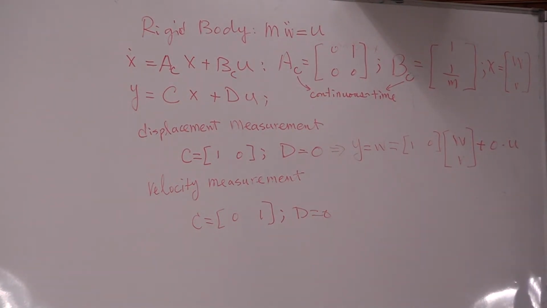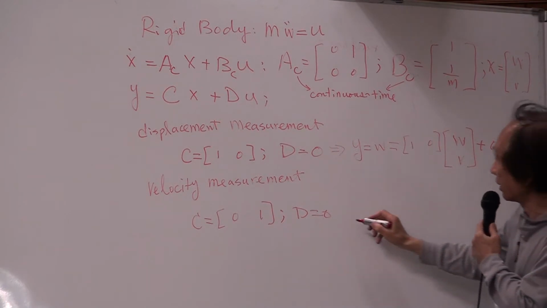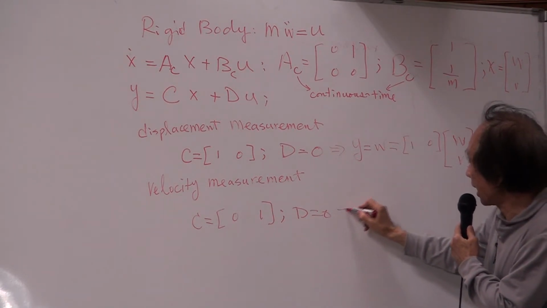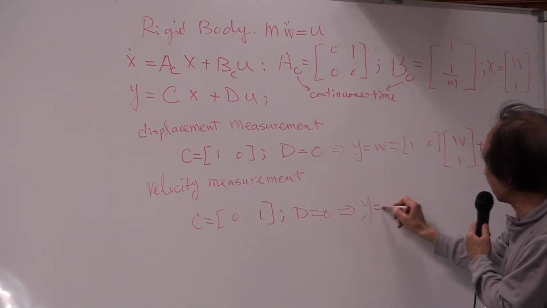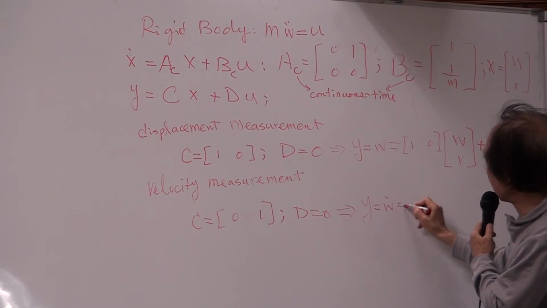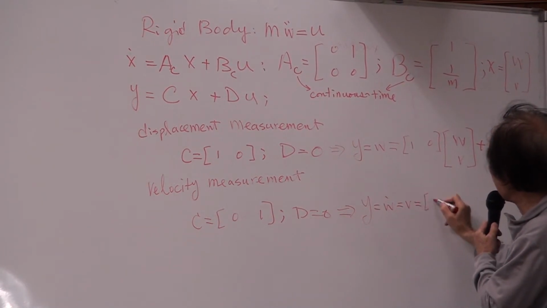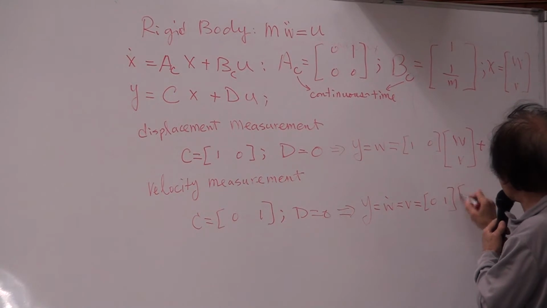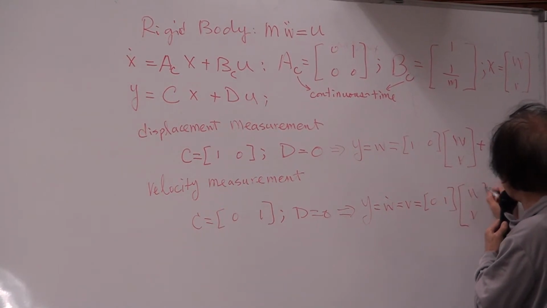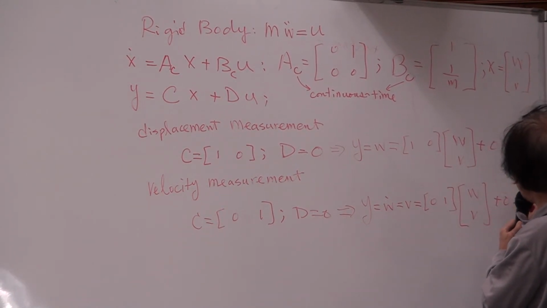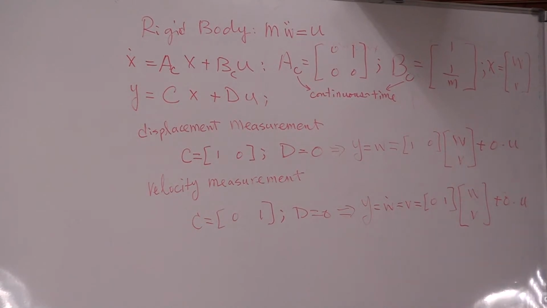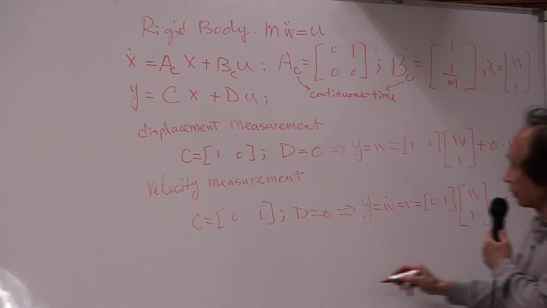Agree? And that implies Y equal to W dot equal to V equal to 0, 1, W V plus 0 times U. Agree?